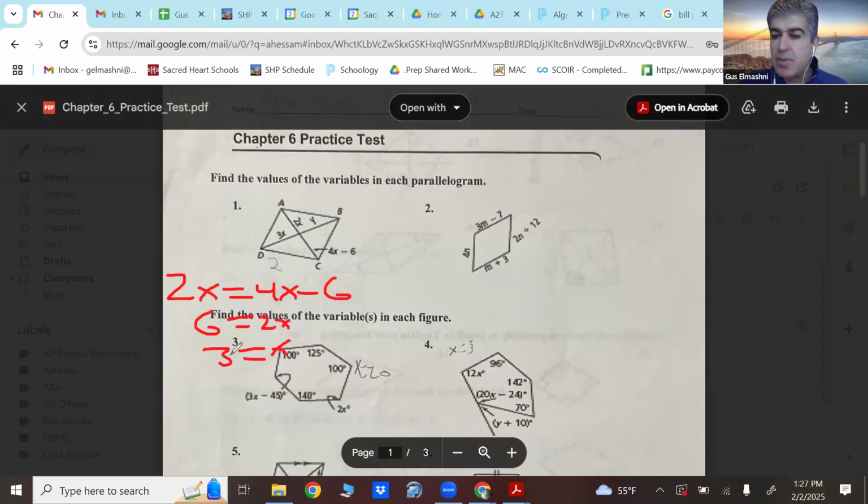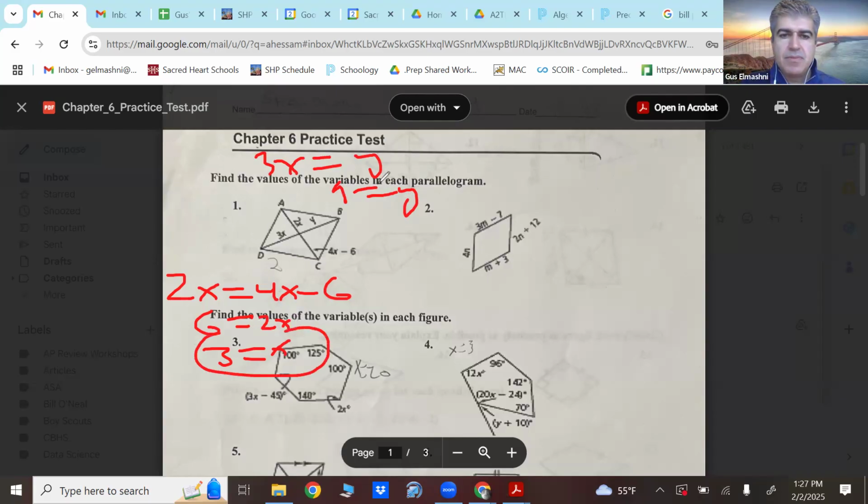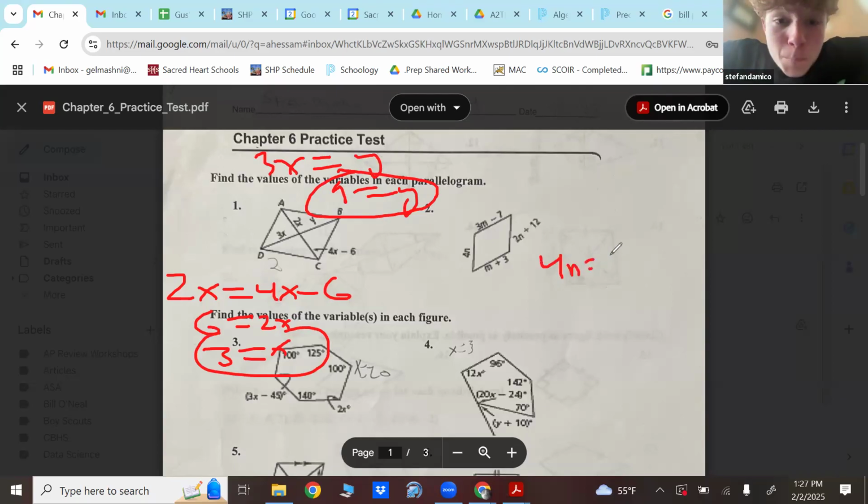So boom, x equals 3. Then 3x equals y. So y is 9. And these are the same.